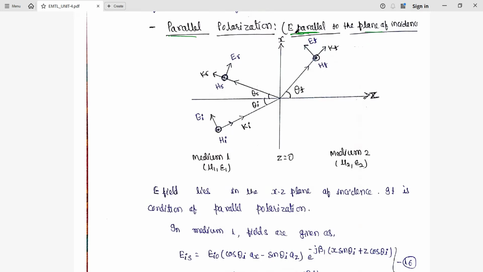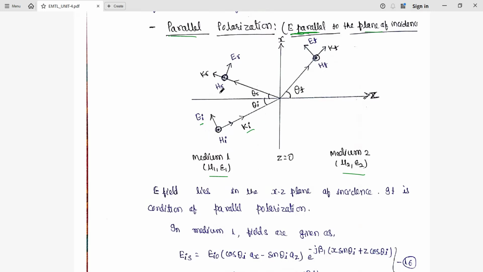Here, medium 1 has parameters mu 1, epsilon 1, and medium 2 has mu 2, epsilon 2, and Ki is the incident vector. The magnetic field component is perpendicular to the plane of the wave, and the dot shows that it is coming out of the surface, while Ei is parallel to the plane of incidence.